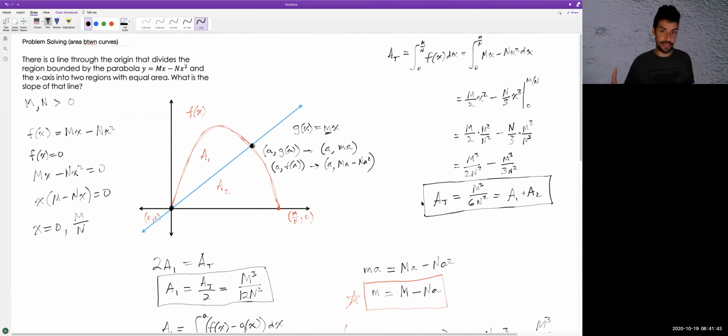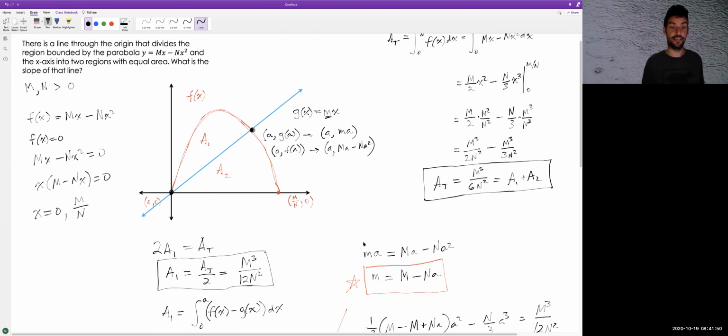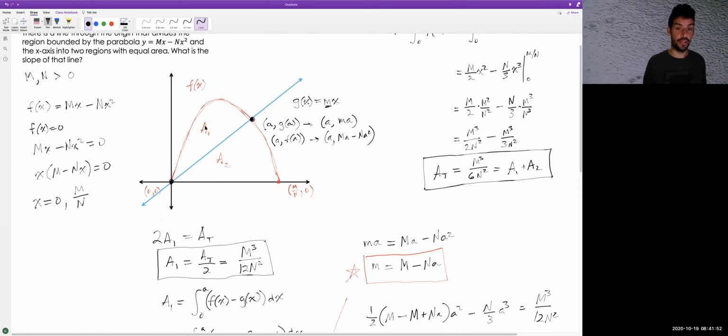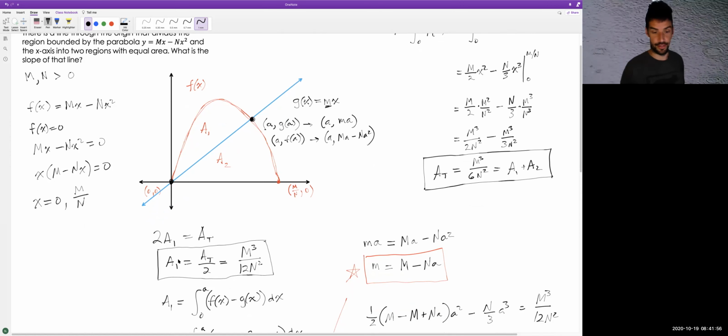And another thing we did a lot of in here is translating statements into mathematical equations. The statement that this area 1 is half the total area became this mathematical statement right here.